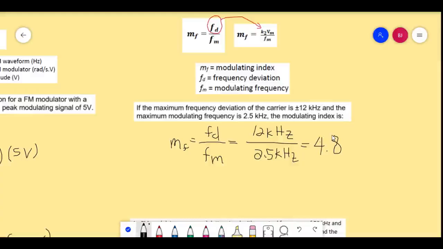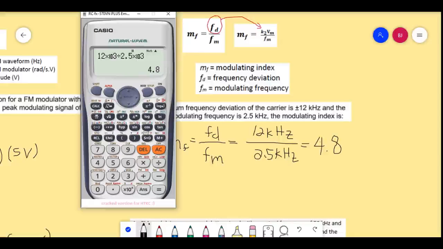So that would be our modulating index, or modulation index. You could do it because they both have kilo. You can actually divide them directly. But the only reason we were able to do it is because they both have kilos here. If they have different prefixes, that would not have been possible, and you will get an incorrect answer.